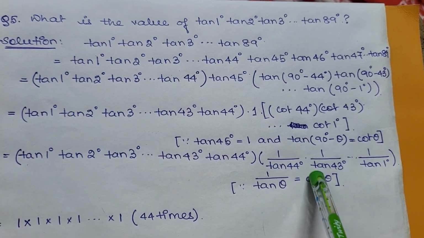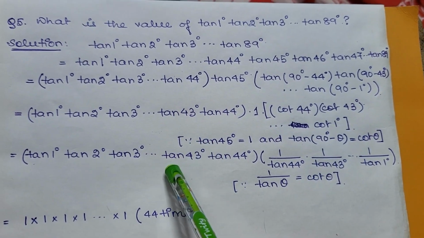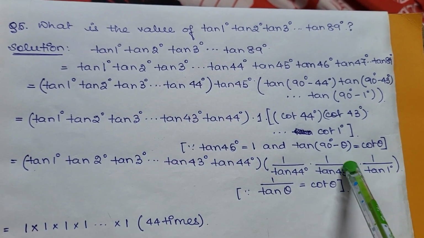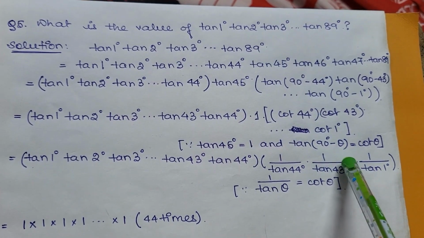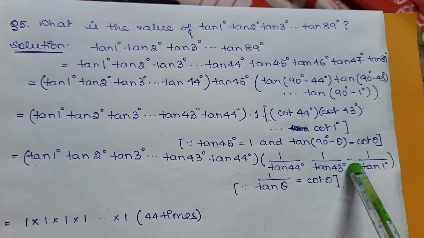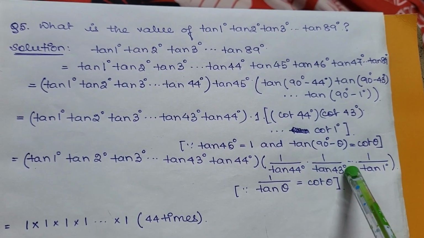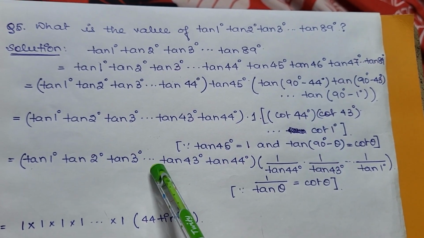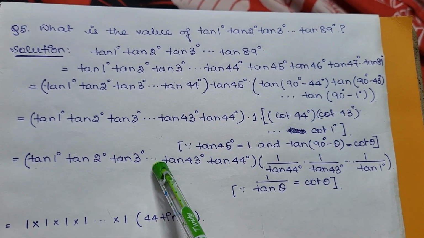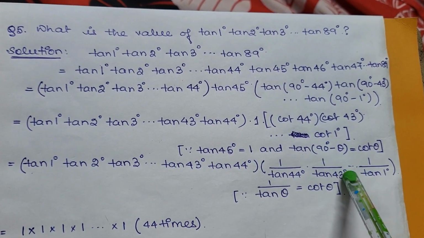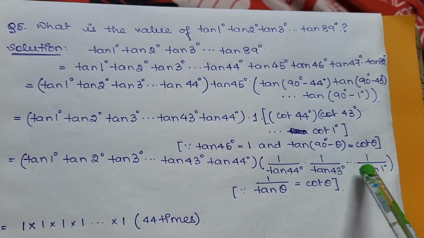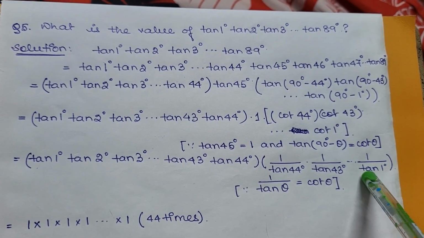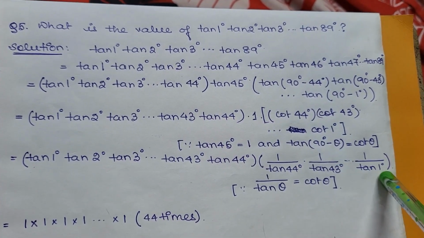This tan 43 degree gets cancelled with this tan 43 degree. Now this is proceeding, so somewhere I will get a 1 by tan 42 degree just after this term. So that 42 degree will be cancelled with the preceding term here. Continuing in that way, we will come to the term tan 1 degree.